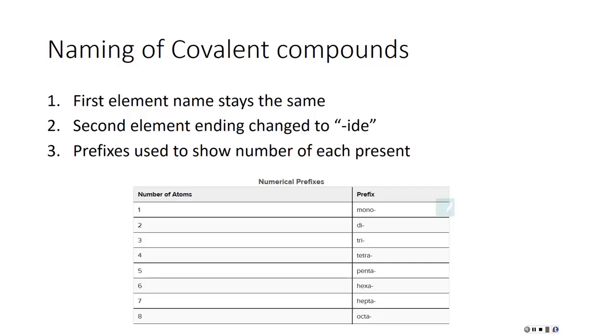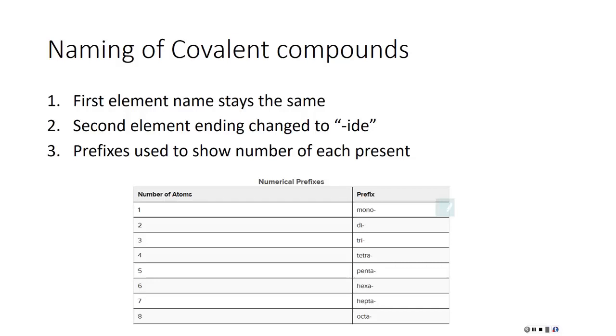Dihydrogen monoxide. Di meaning 2, mono meaning 1. I dropped an O because we don't put 2 O's together, but if you did it, I don't care. Dihydrogen monoxide. Okay, otherwise known as water. Okay. Does that make sense?